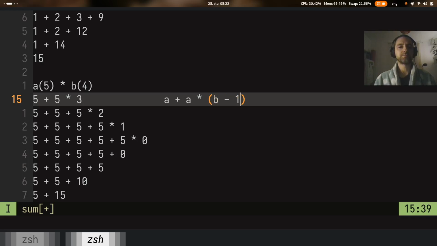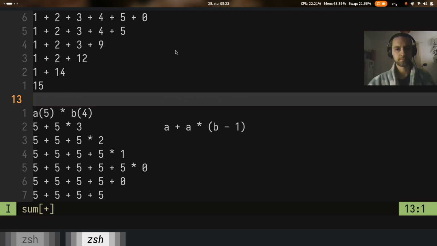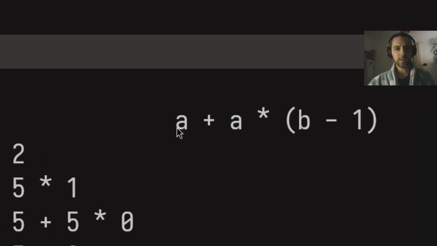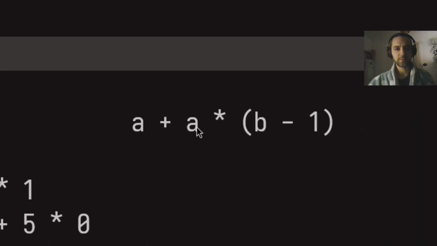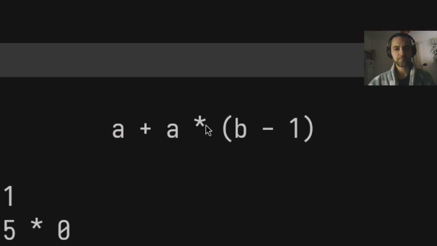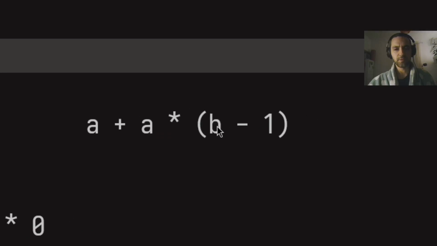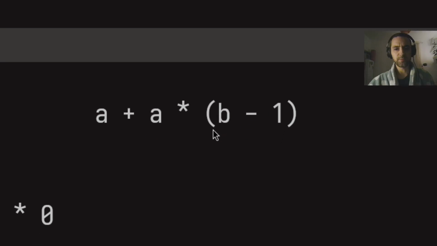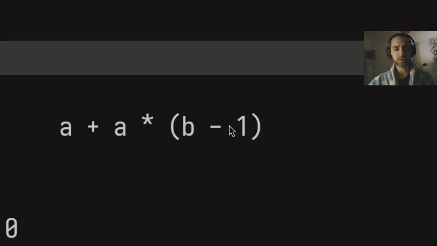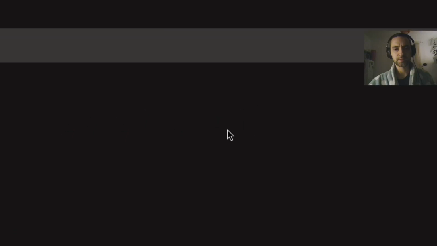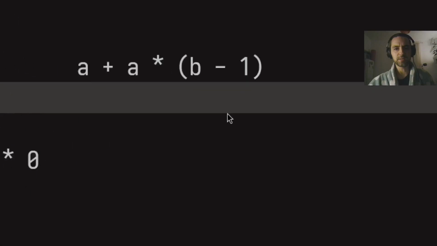This would be the formula. You see what's happening? B is 4, and here A is 5 plus 5 times 4 minus 1. If you put 4 here, you get 4 minus 1. Does that make sense?